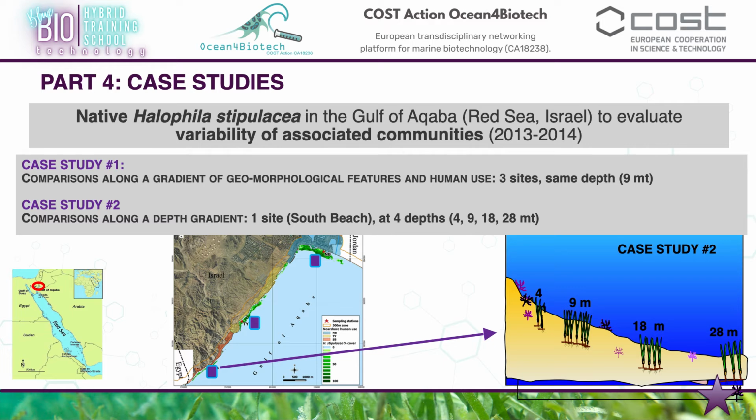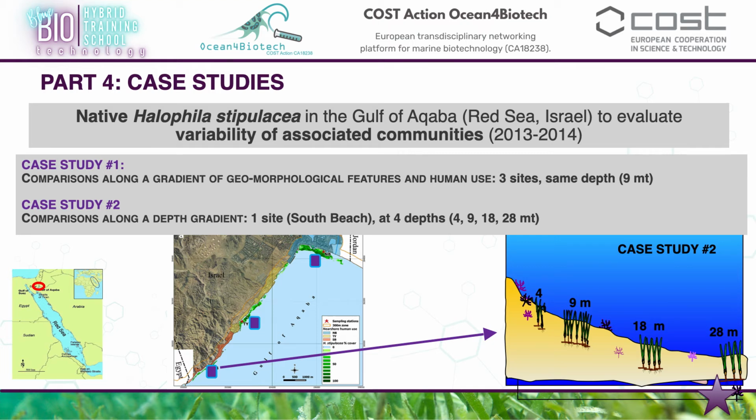And so we study a first case study that is reported here in this picture, by evaluating these three sites that are different according to geomorphological features and human use, reduced by, from this site that is North Beach to South Beach.